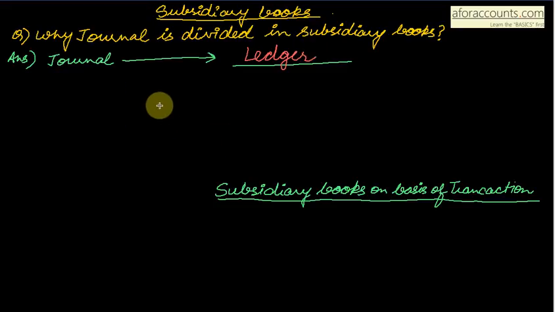So when the question is why journal is divided into subsidiary books, it is because from journal entries we make ledger, and if the number of transactions is high, then what will happen? It will become very cumbersome. So a number of books will be required to be maintained.